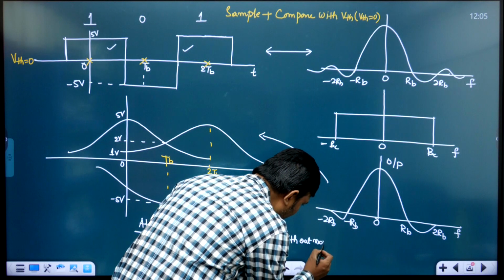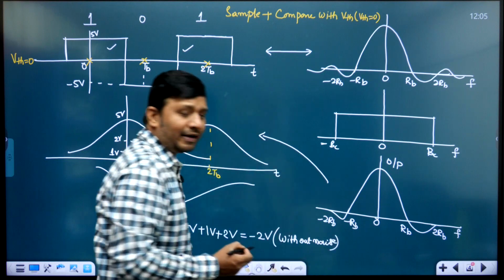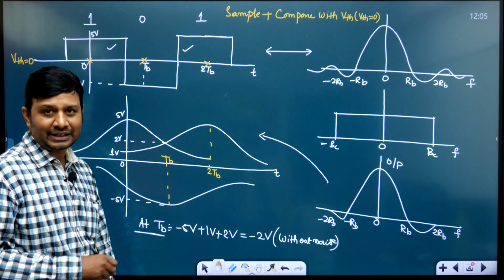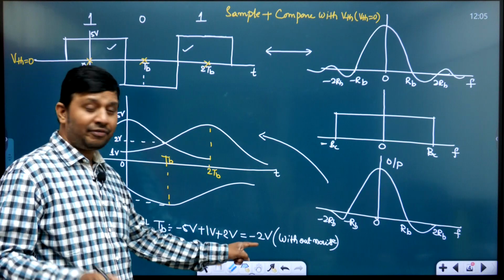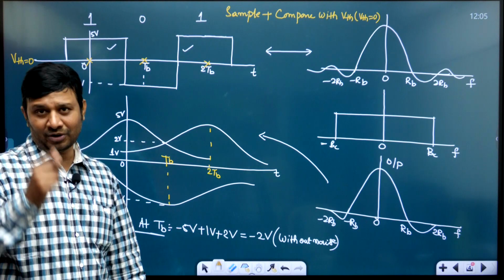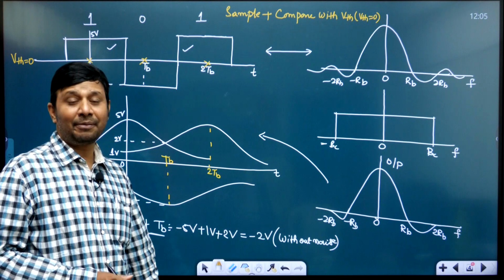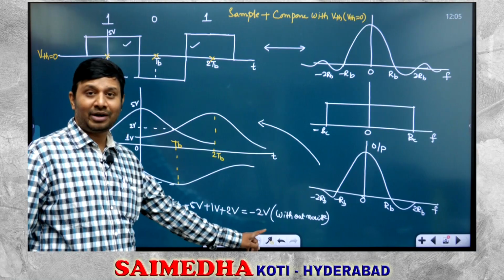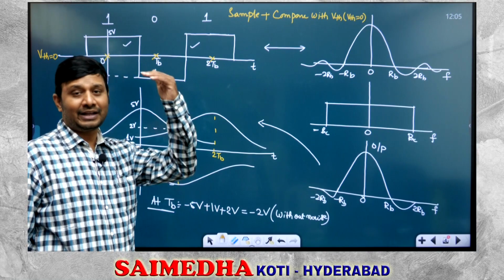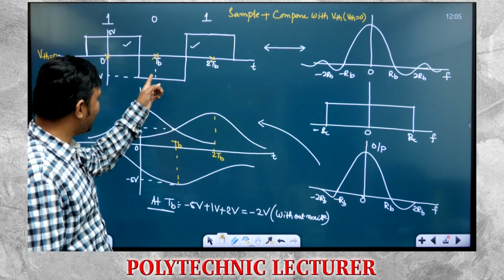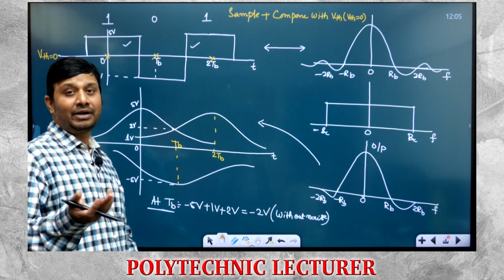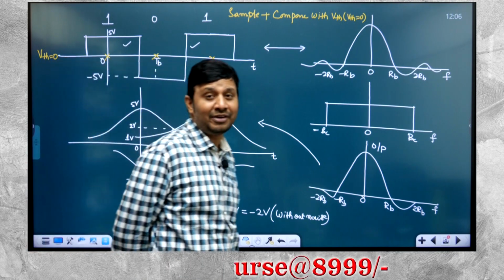Now if noise attacks in the opposite direction, suppose a noise of magnitude 3 volts affects it here, what will happen? It will become 1 volt, and 1 volt means greater than 0, so we will take the decision in favor of 1. Actually we must take the decision in favor of 0, but we are going to take the decision in favor of 1.